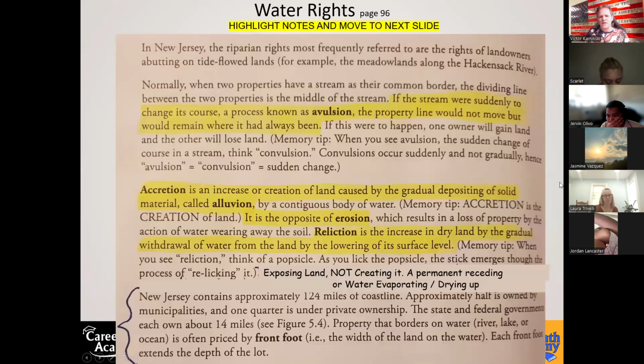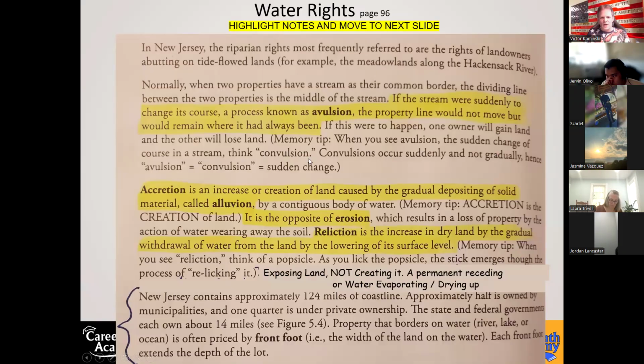Okay, so here we could just highlight those terms in the book now. Here's where avulsion is, accretion, erosion, reliction. Now, these memory tips that the book gives suck, okay? Like, memory tip, when you see avulsion, the sudden change of the course of a stream, think of convulsion.